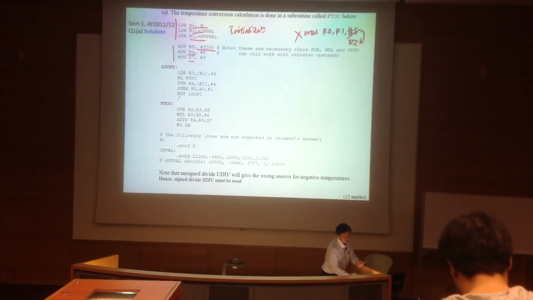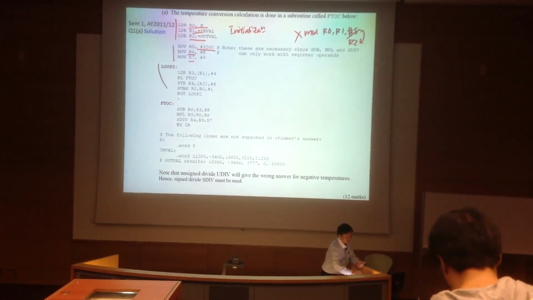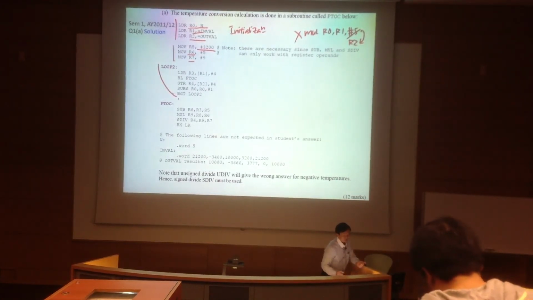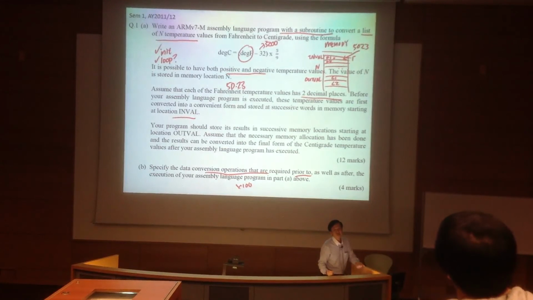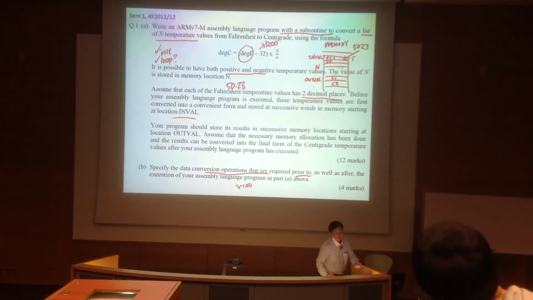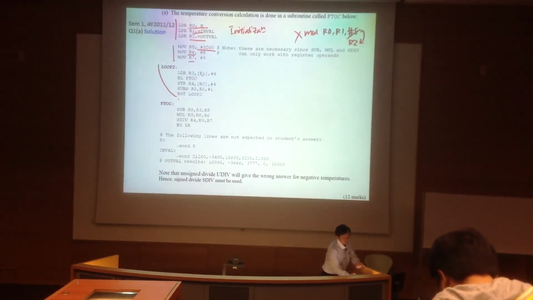So coming to the main part of the program, my loop actually goes through that list just now. But the logic is actually very easy. I take the first value, I call a subroutine, it converts it to centigrade, I save it to the list starting from out down. So to do that, I load the first value, call the subroutine.